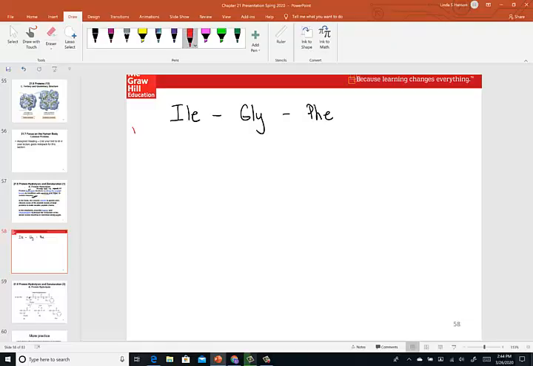So for example, you know that the N-terminal amino acid has the abbreviation of ILE. The C-terminal amino acid will have the abbreviation PHE. What do those stand for? We need to find what R groups they represent.